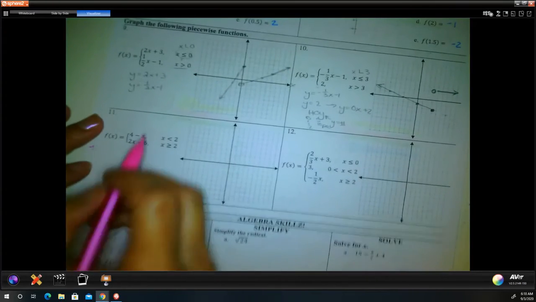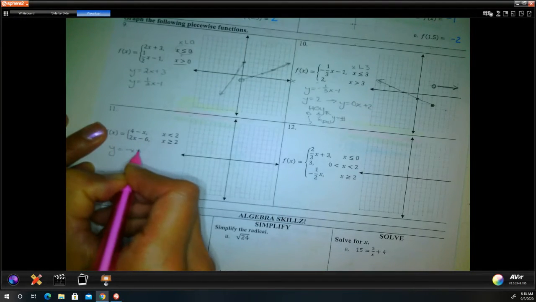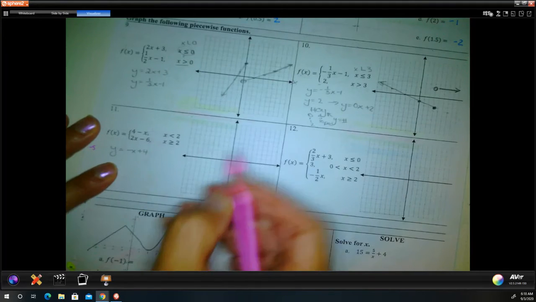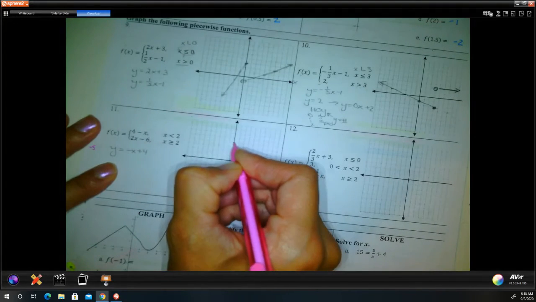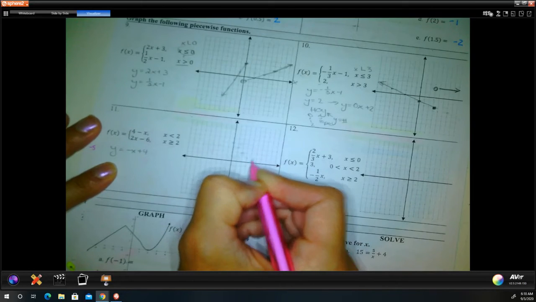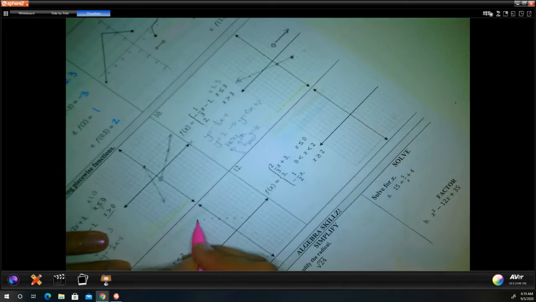Okay, so this one is not in correct form, so you can just rewrite it. This is the mx plus b. So I'm going to start 1, 2, 3, 4, down 1 over 1, down 1 over 1. Okay, so there's my line.